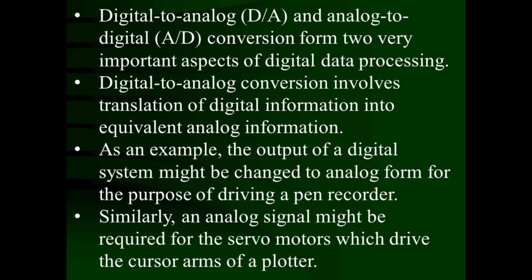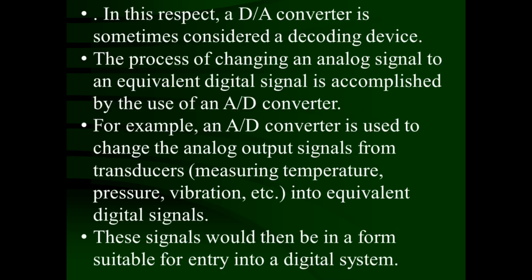That pen recorder requires analog signals, so a D to A converter is required between the digital system and the pen recorder. Similarly, an analog signal might be required for servo motors, which drive the cursor arm of a plotter. This is also to draw analog graphs corresponding to the digital information, where a D to A converter is required.